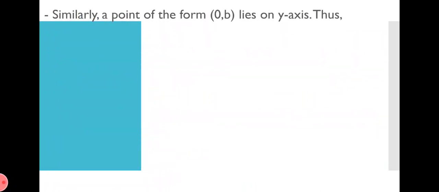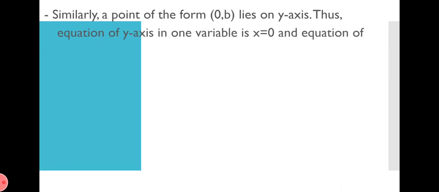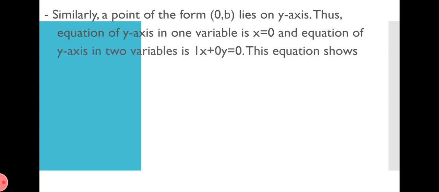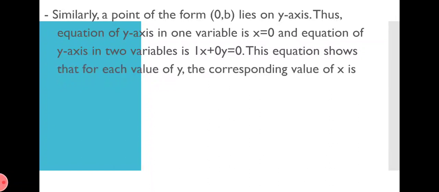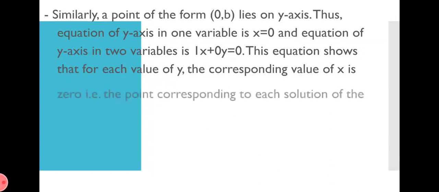Similarly, a point of the form (0, b) lies on the y-axis. Thus, the equation of the y-axis in one variable is x equal to 0, and the equation of the y-axis in two variables is 1x plus 0y equal to 0. This equation shows that for each value of y, the corresponding value of x is 0.